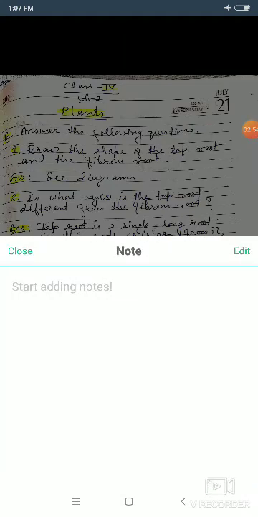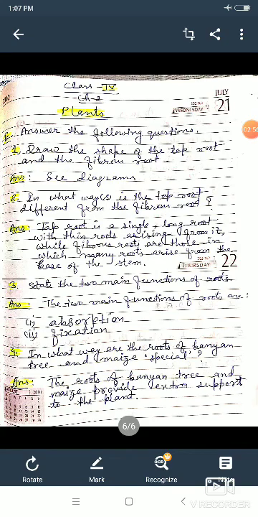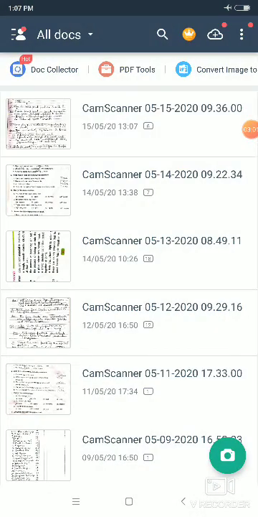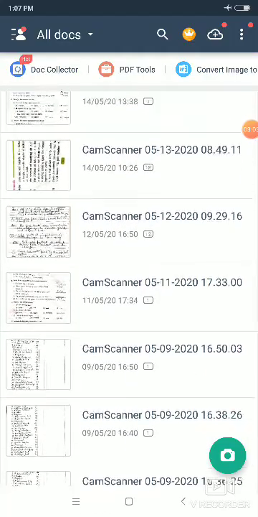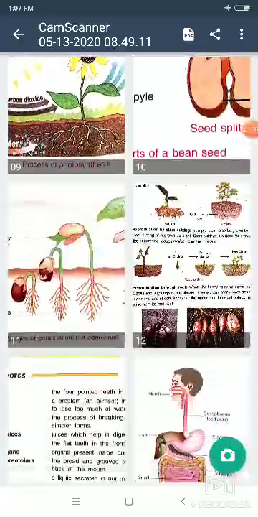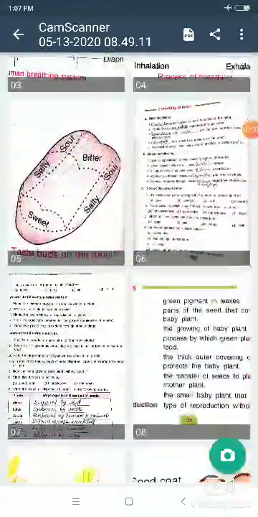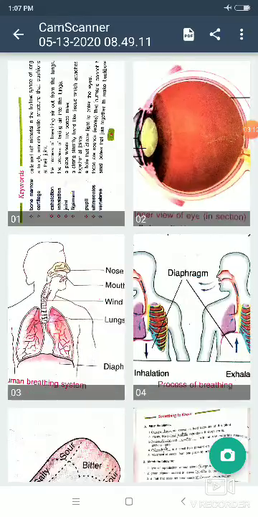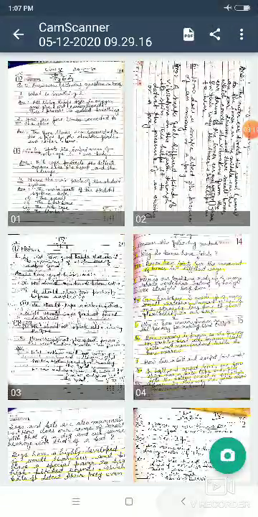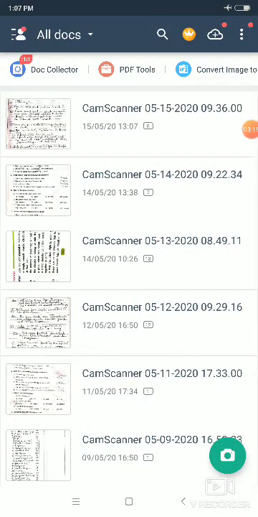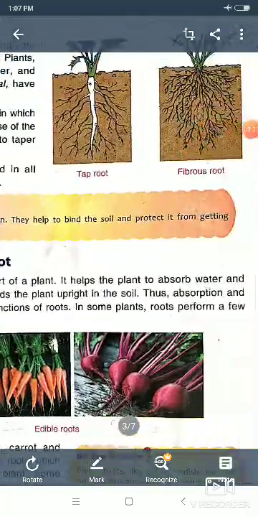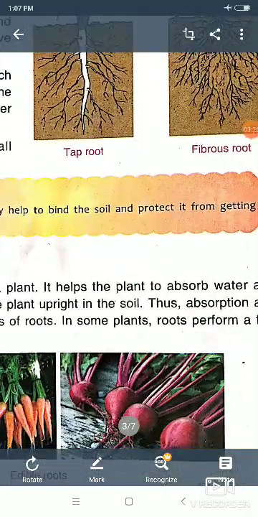I am going to show you here. See, I am going to show you how. You will draw the tap root and fibrous root. See this, I'm showing you the diagram.